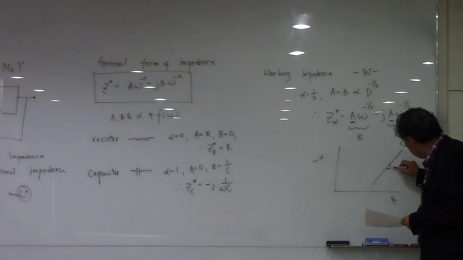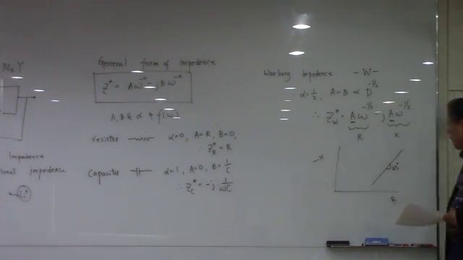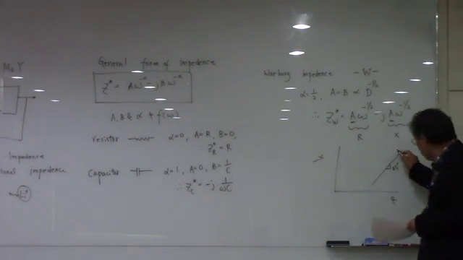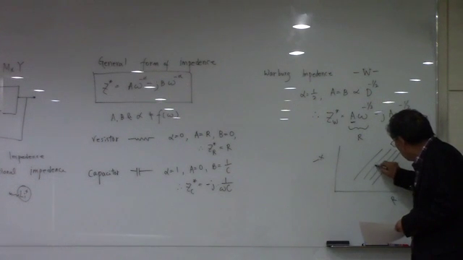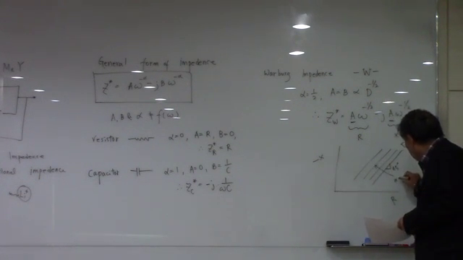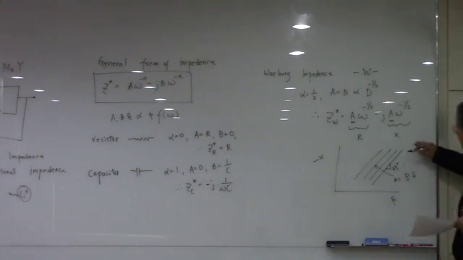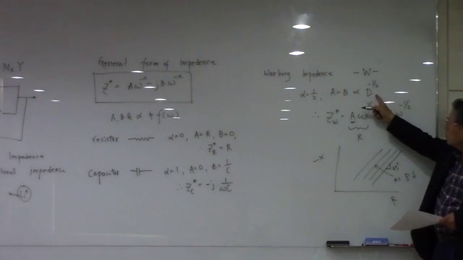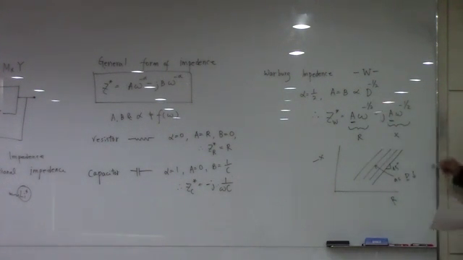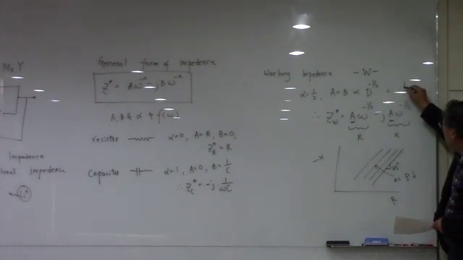And then the slope is going to be 45 degrees. And the position is going to be moving in this direction as the diffusion coefficient goes down, because this A is proportional to 1 over the square root of D.